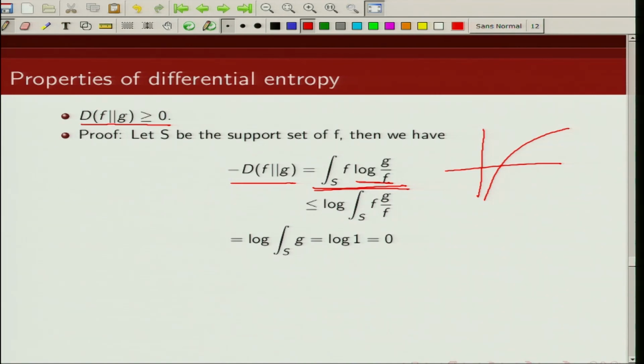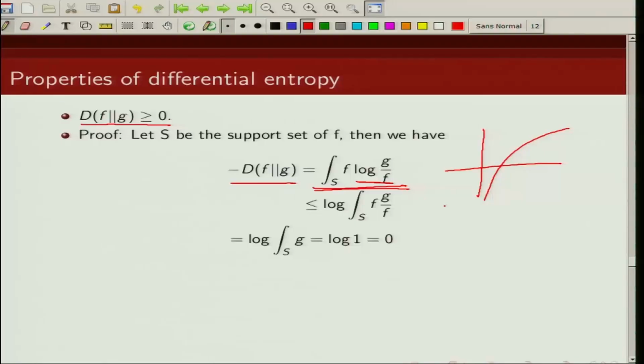Since log is a concave function, by Jensen's inequality, the log of the expected value of x should be more than the expected value of the function. So from Jensen's inequality we know this relation holds if f of x is concave.